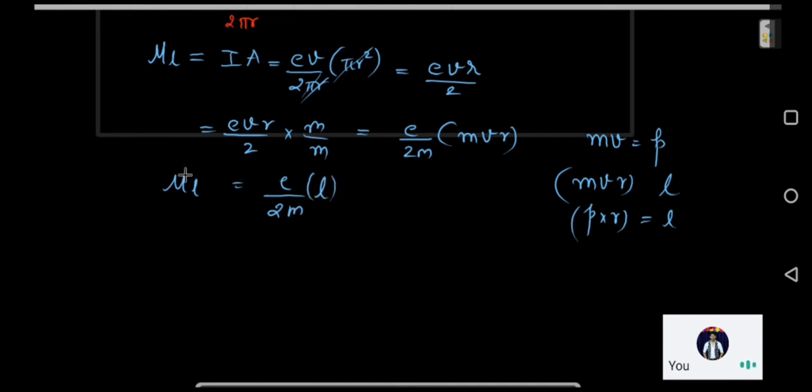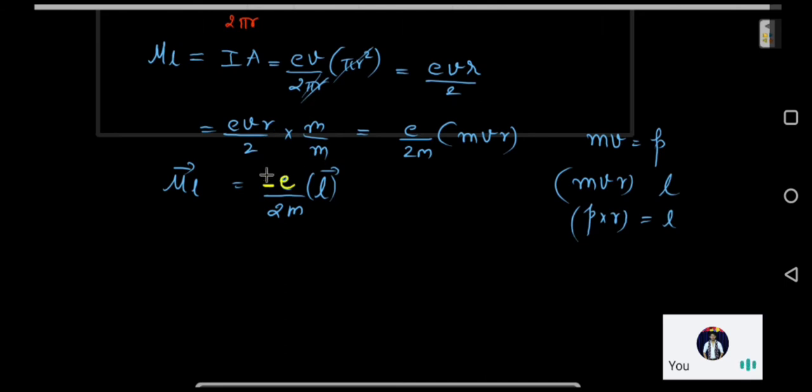Now magnetic dipole moment is a vector quantity. Angular momentum is also a vector quantity, and whenever we replace the equation with vector quantities, the charge should always be replaced with its sign. We have considered an electron over here, that is why I will put it as minus e. What is this minus sign going to tell you?